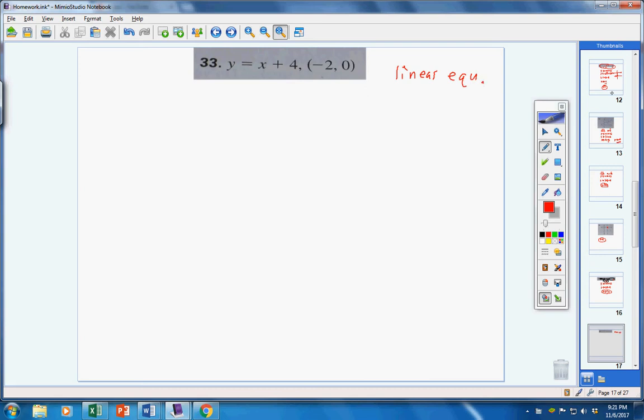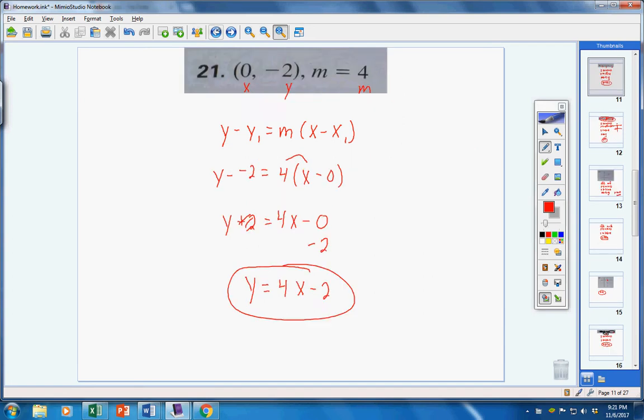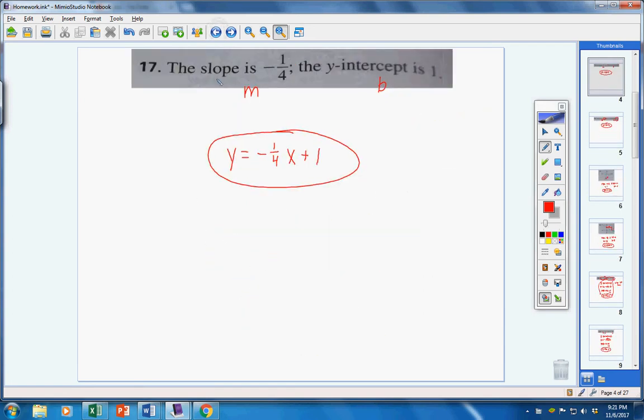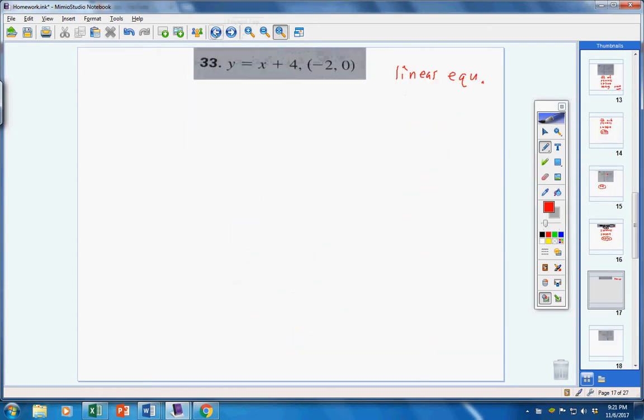Like back here, I was given a point and the slope. Way back here, I was given the slope and the y-intercept. So, if I'm going to write a linear equation, I need some information. And so far, all that I know is the line passes through this point. That is not enough information. I need something else.